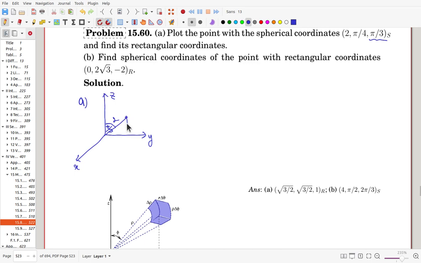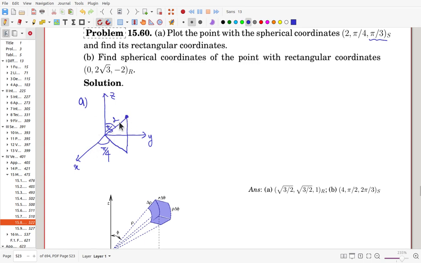And if it is projected onto the xy plane, then the angle from the positive x-axis must be pi over 4. Right? So that's the point in xyz coordinates.